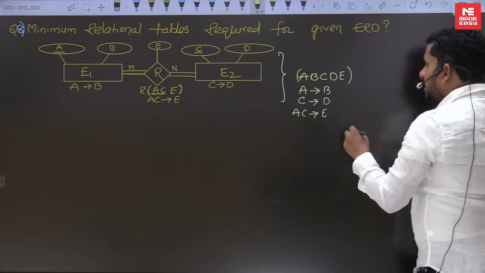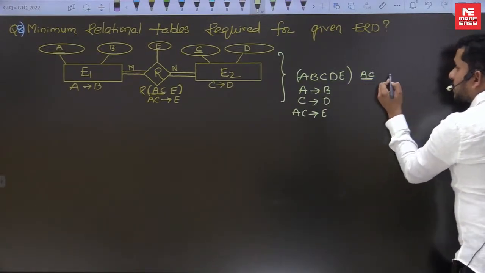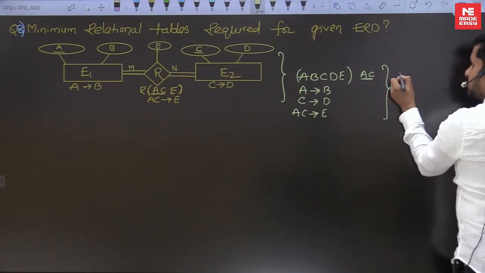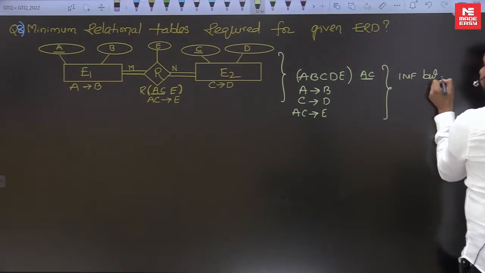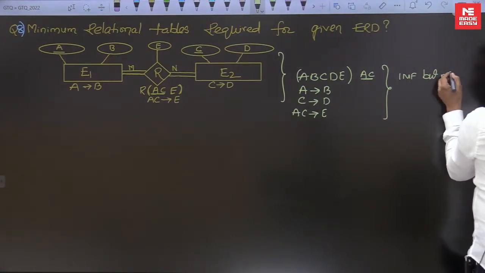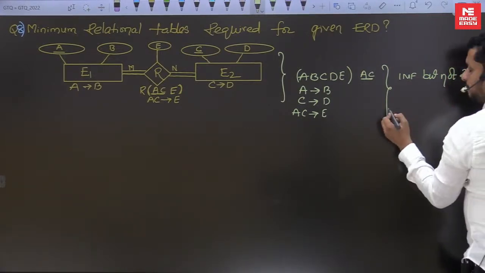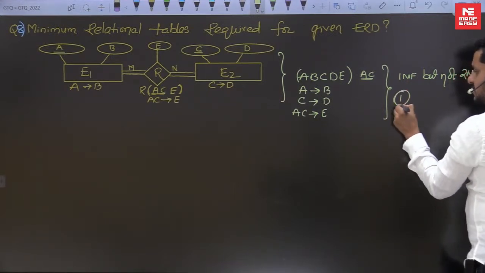AC becomes the candidate key. So minimum 1 table, but A determines B and C determines D are partial dependencies. This is only 1NF but not 2NF. So minimum 1 relational table required for this.